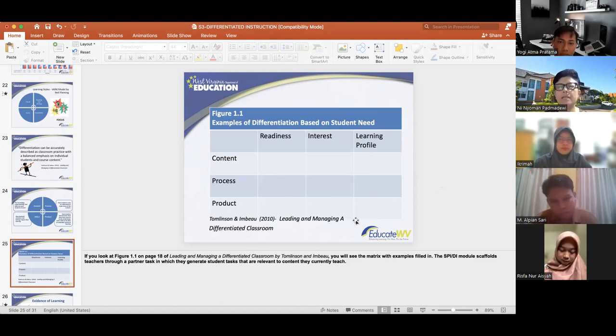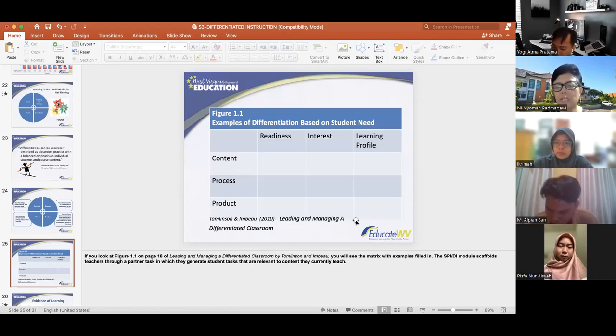Now let me explain a little bit, to clarify about this one. If you apply differentiation in your classroom, the differentiation can be done in 3 ways: differentiation in terms of the content, differentiation in terms of the process, and differentiation in terms of the product, right?